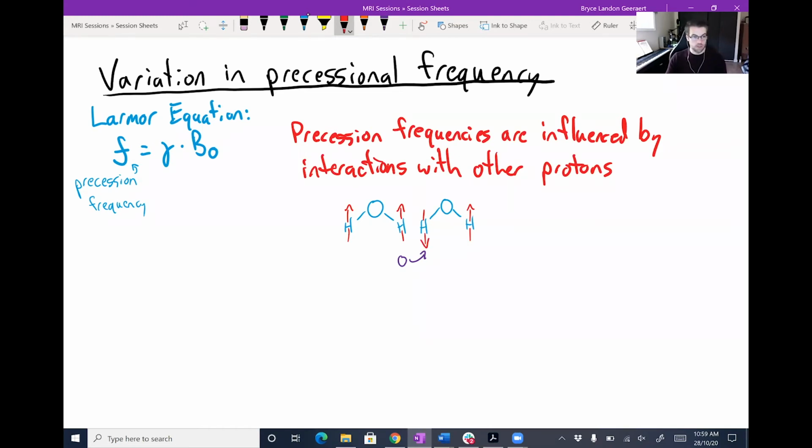And then the exact same thing can happen again. That energy can be passed to this hydrogen atom and it can bounce back and forth. And maybe it skips one and goes over there. But anyway, there are molecules nearby that can exchange this energy that's been added to the system thanks to the B1 field. And this change in energy, this fluctuation in parallel and anti-parallel orientations, causes fluctuations in the magnetic field.